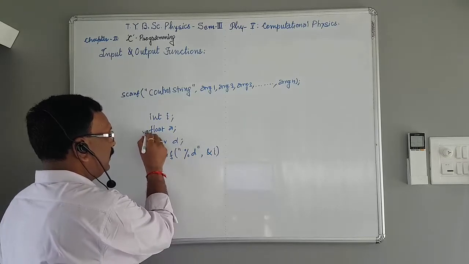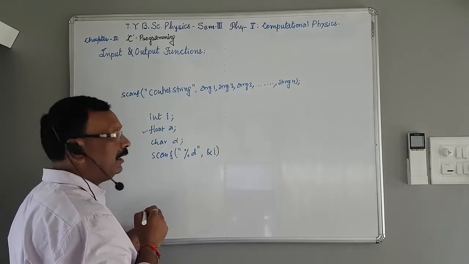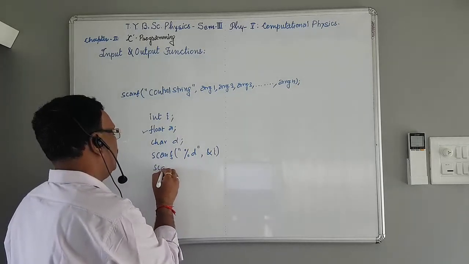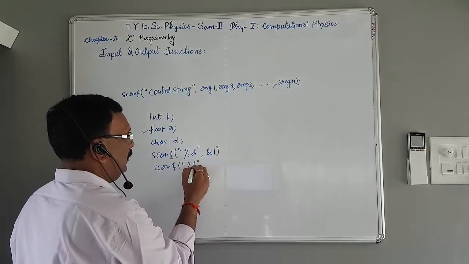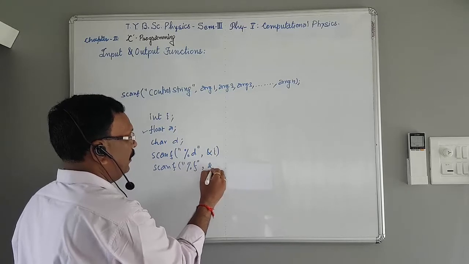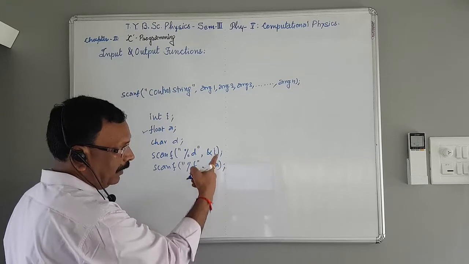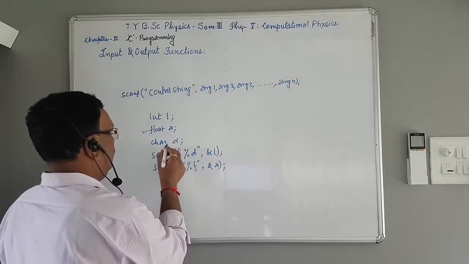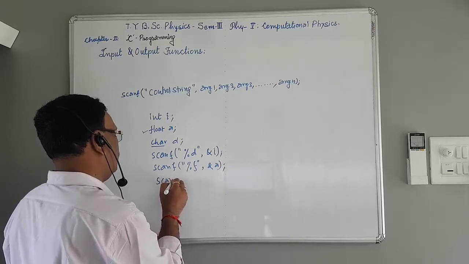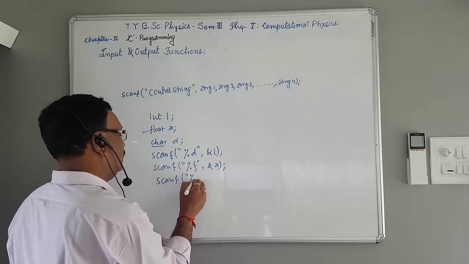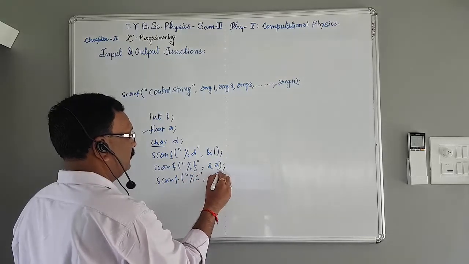Now if the data is a real number, as we already declared, then scanf, in double inverted commas %f and ampersand a. Remember that termination is a must. If we supply a single character, then scanf in brackets %c ampersand d.